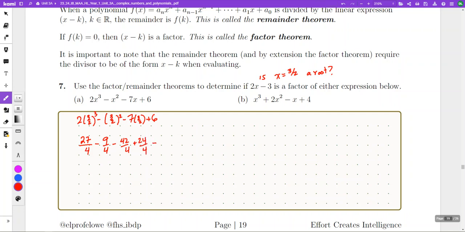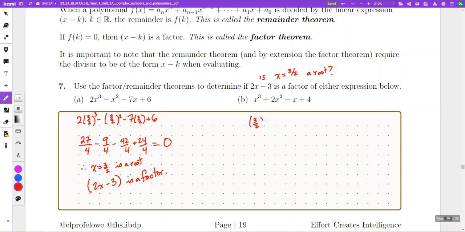If I add these together, I get 0. So therefore, x equals 3 halves is a root, which then means 2x minus 3 is a factor.